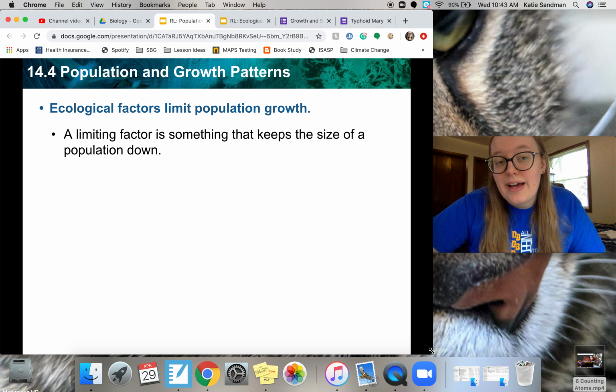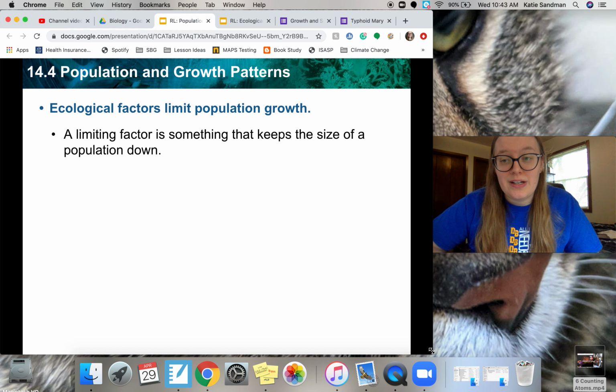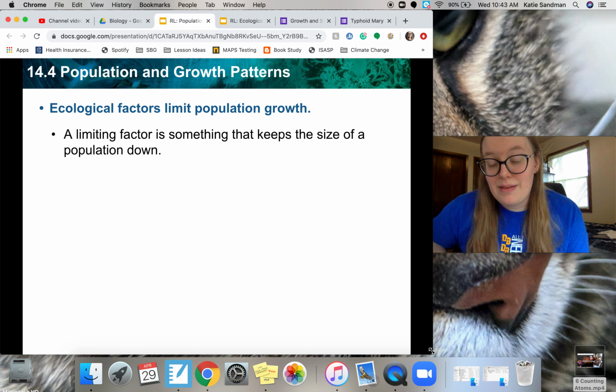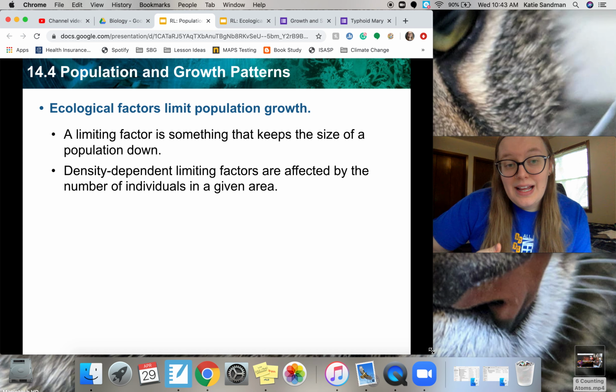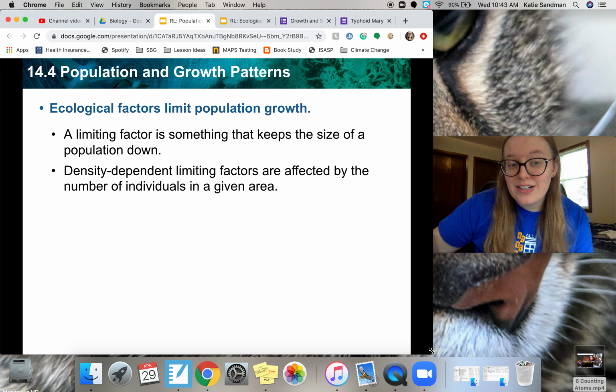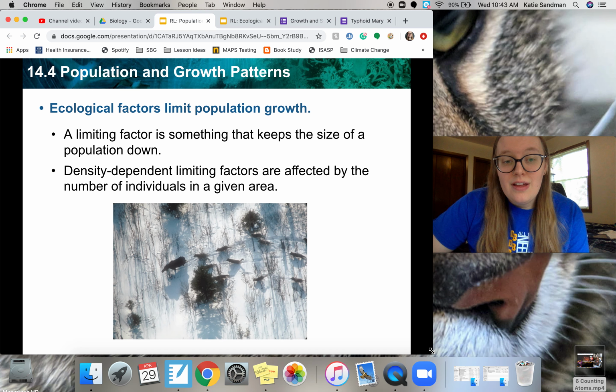Next we have some ecological factors that can limit population growth. There are two types that we are going to focus on. A limiting factor is something that keeps the size of a population down. We have a density dependent limiting factor, which is affected by the number of individuals in a given area. Density dependent means it depends on the density of the area.